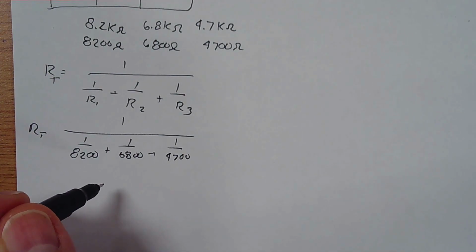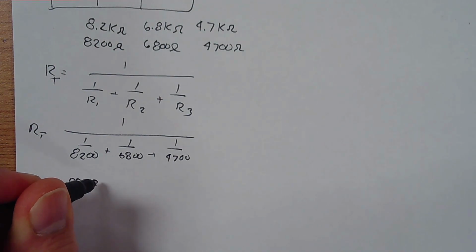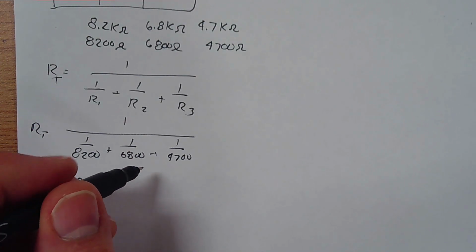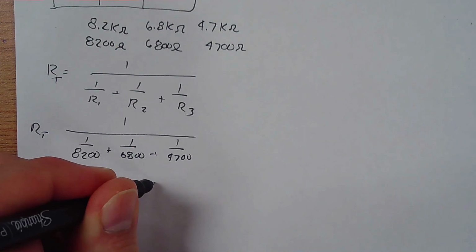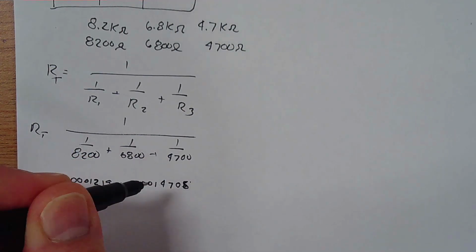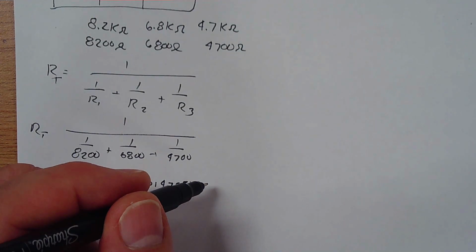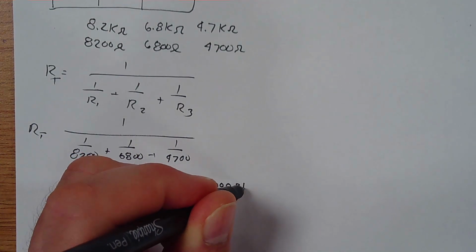1 divided by 8200 is 0.000219, plus 1 divided by 6800, that is 0.00014705, plus 1 divided by 4700, and that is 0.00021277.